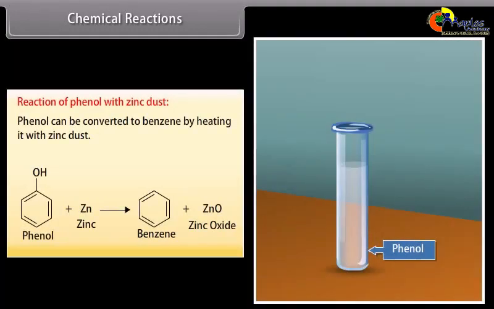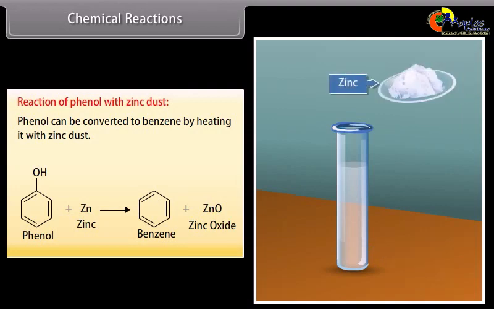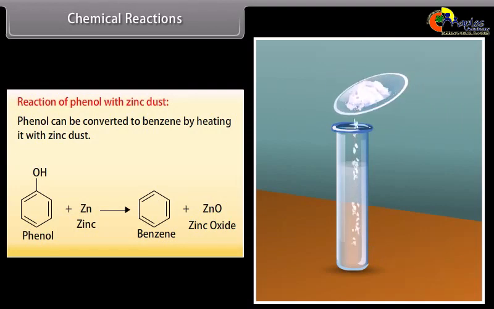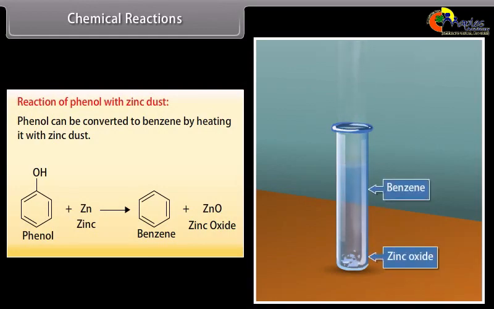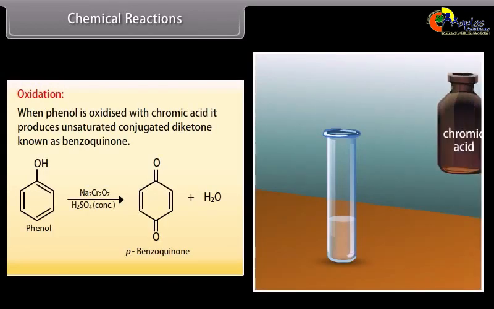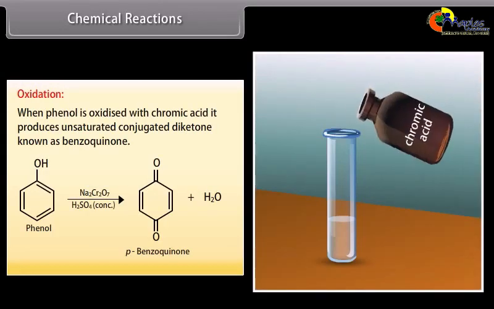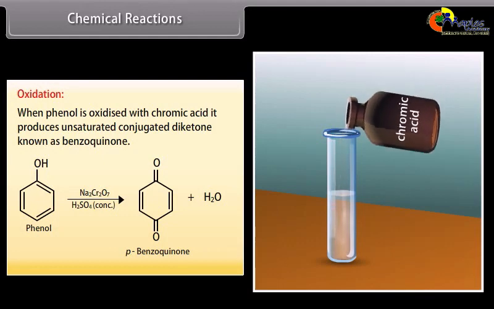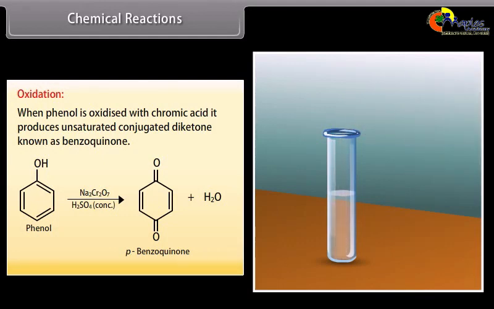Phenol can be converted to benzene by heating it with zinc dust. Oxidation. When phenol is oxidized with chromic acid, it produces an unsaturated conjugated diketone known as benzoquinone.